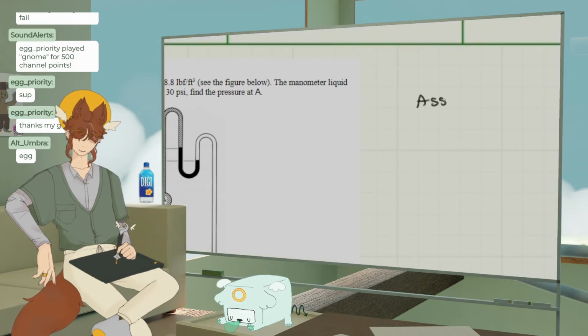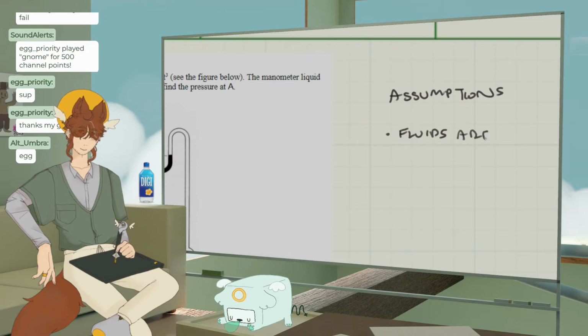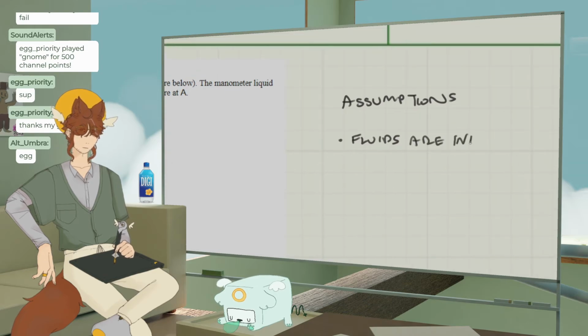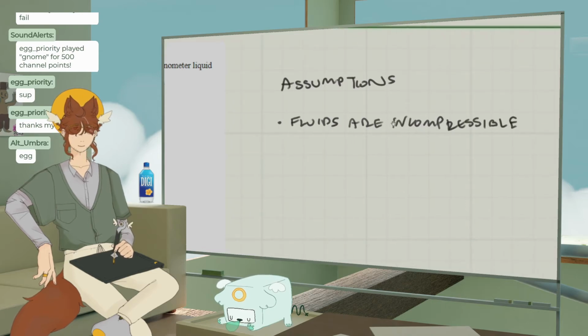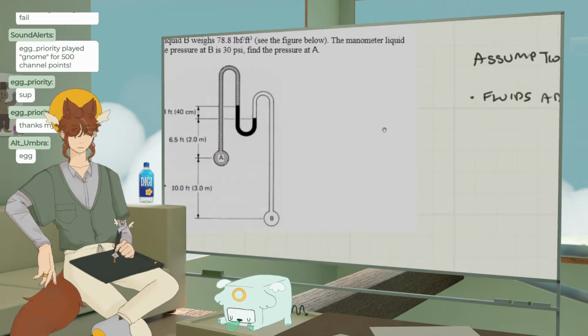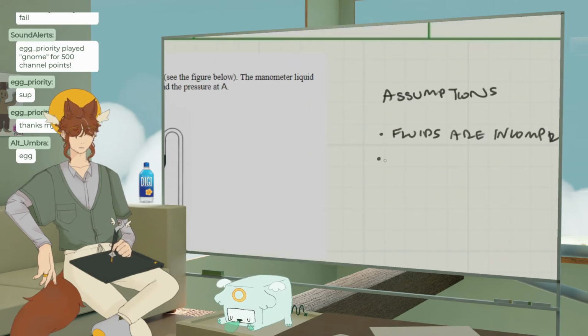Now we start... This is kind of important. By kind of important, I mean we wouldn't be able to do the problem if this was not true. So, you know, good to just throw that in there. What else? I guess fluids are static.